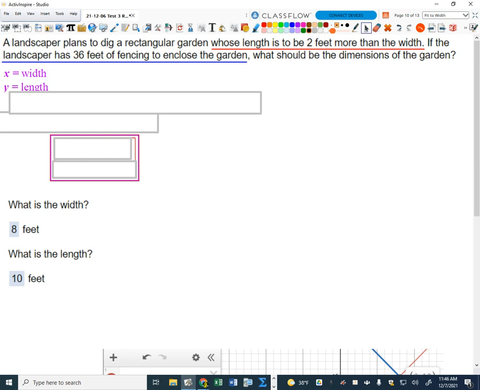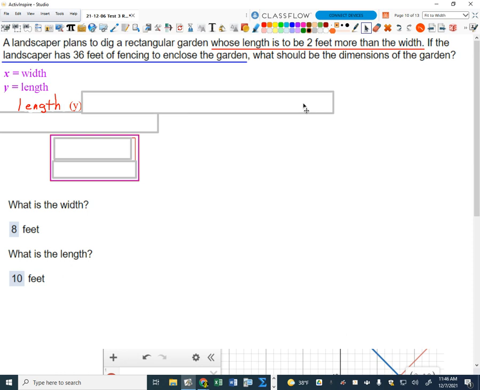Okay? So we need 2 equations. What about this first one here? Length is 2 feet more than width. How am I going to write that as an equation? Length is, what's that look like? How do we define length?